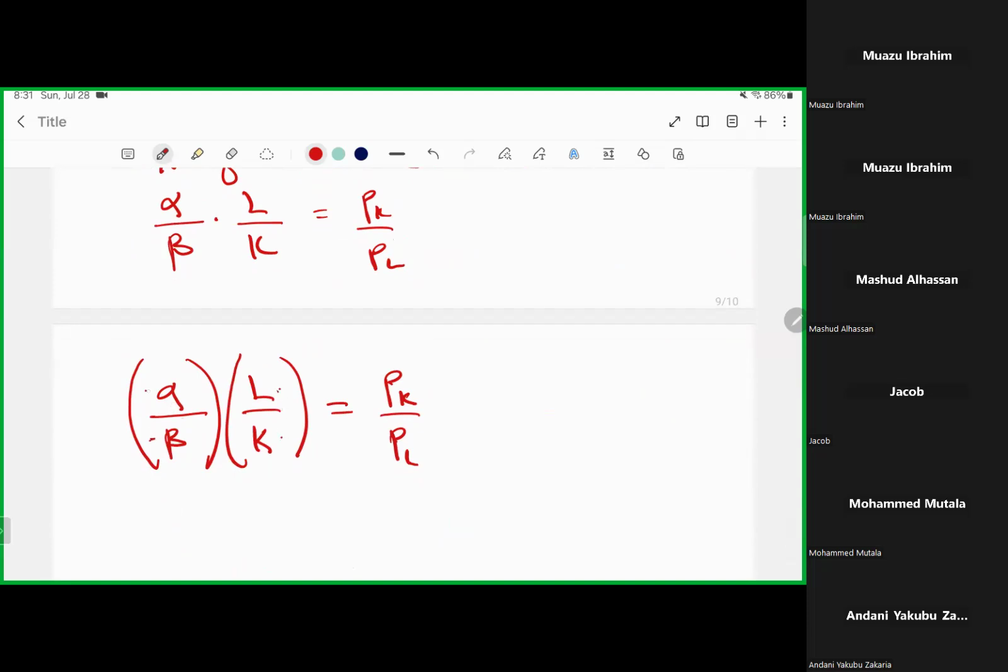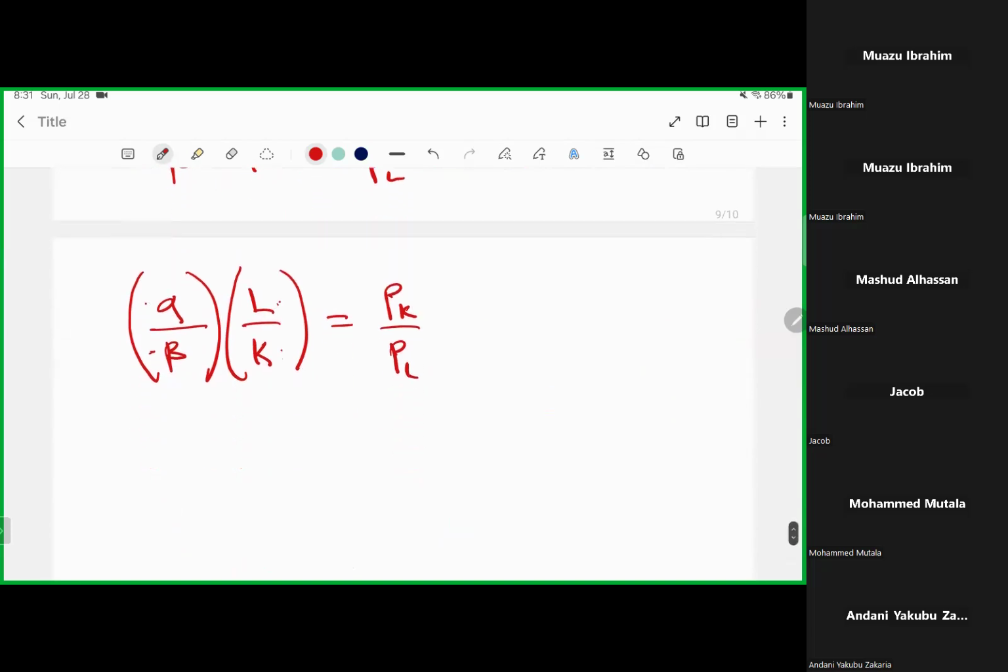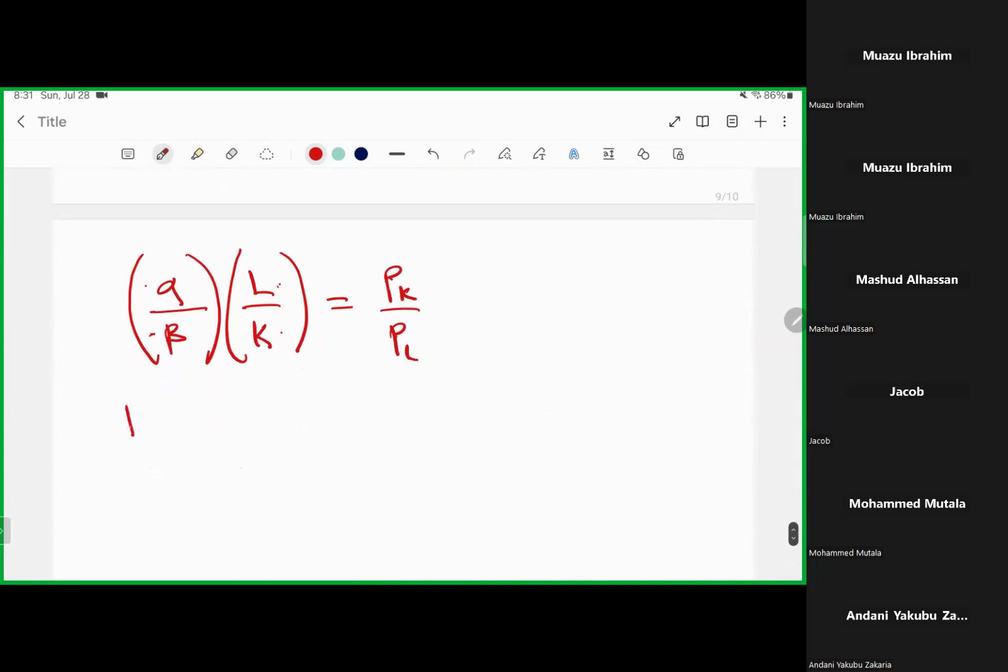And the ratio of the input is the same thing as PK, the price of capital, over price of labor. So the question is saying that price of capital and price of labor are homogeneous.